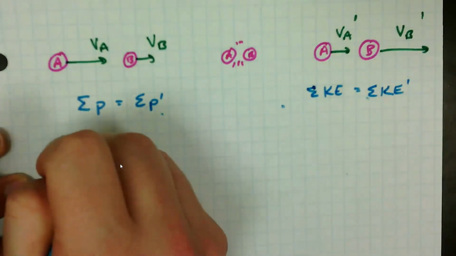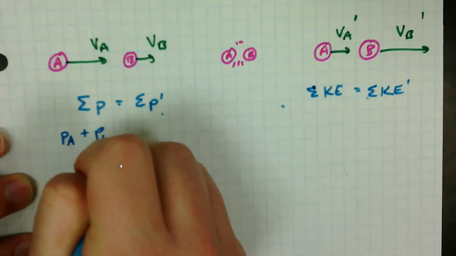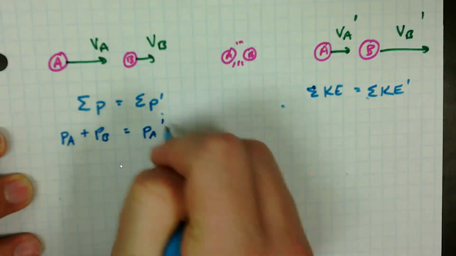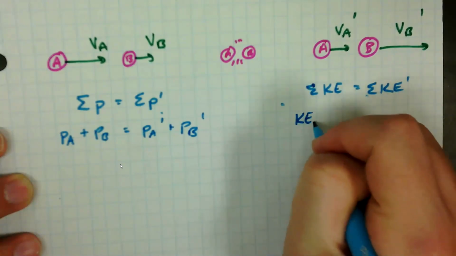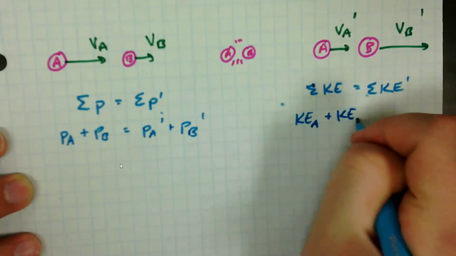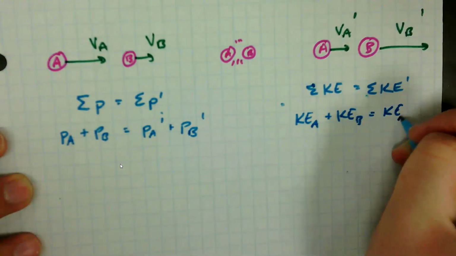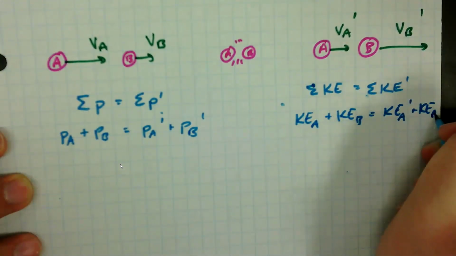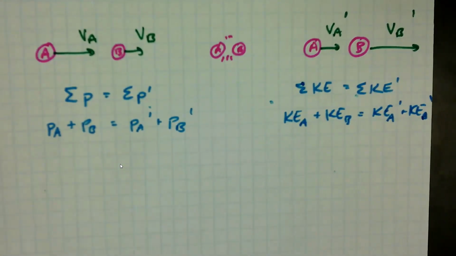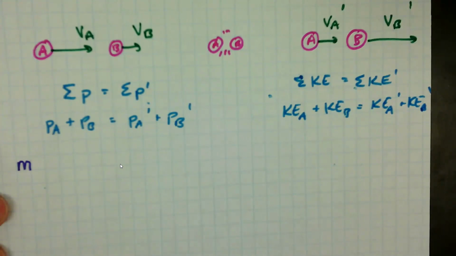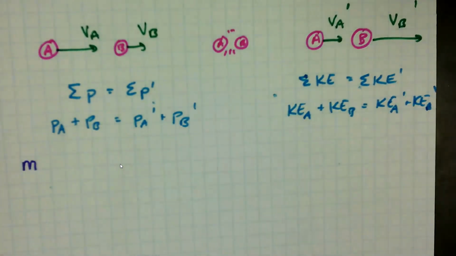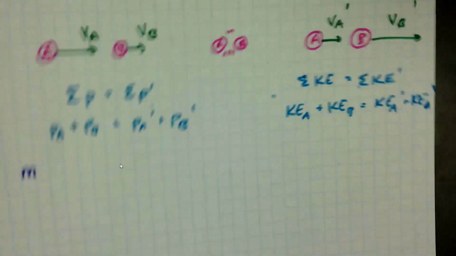So I'm just going to expand these out. I should have PA plus PB equals PA prime plus PB prime. And I should have KEA plus KEB equals KEA prime plus KEB prime. We know momentums are, pardon the, we're going to have several rows of calculations here.